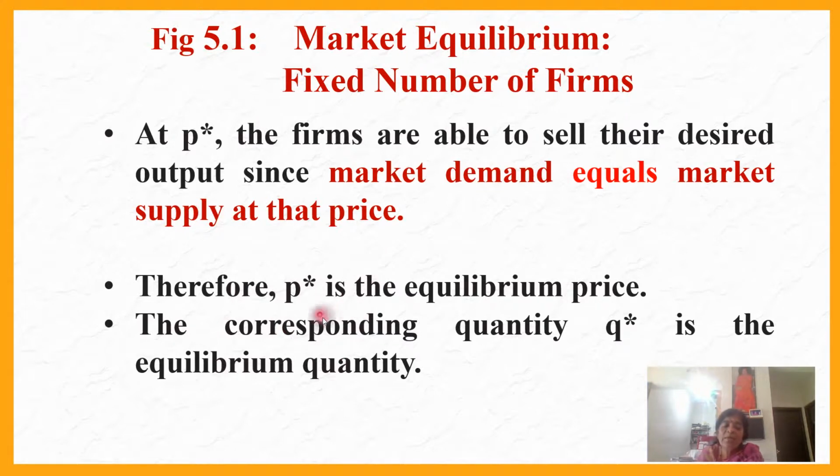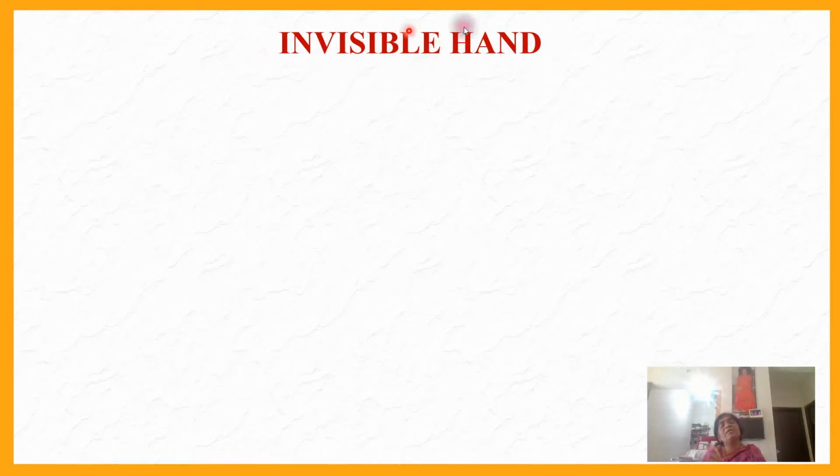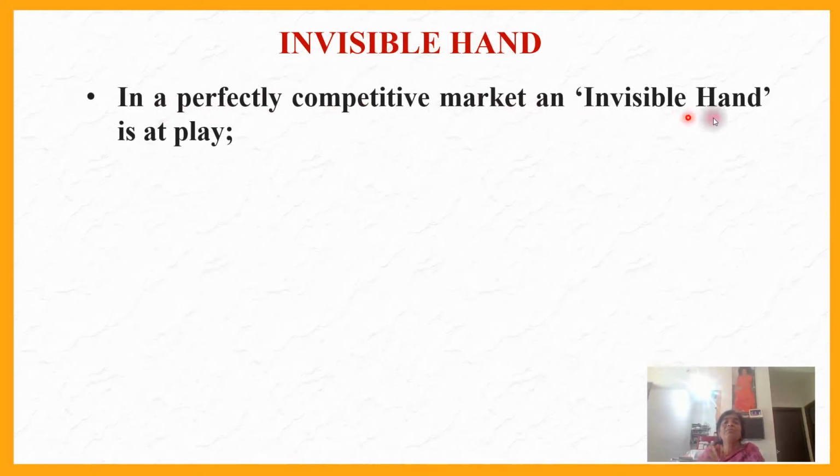This is how market equilibrium is maintained with the help of the invisible hand. What is the invisible hand? The invisible hand is the market demand and market supply forces working in the market. In a perfectly competitive market, an invisible hand is always at play.